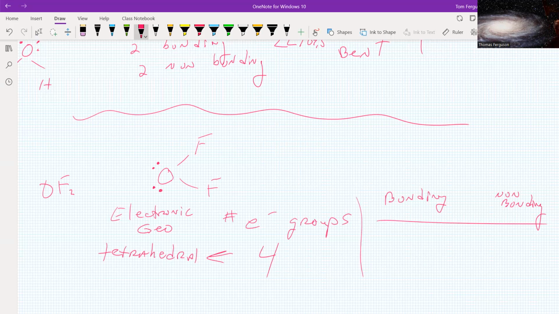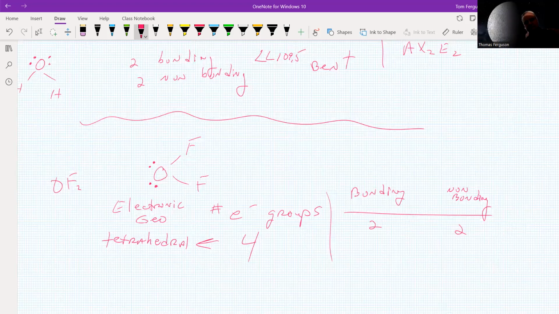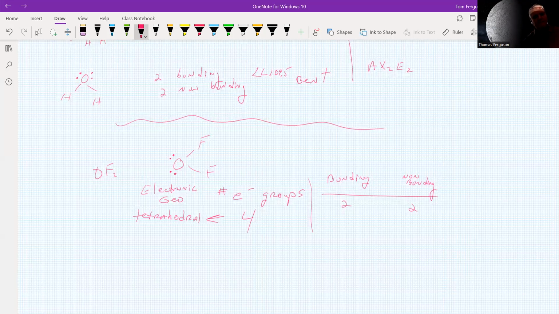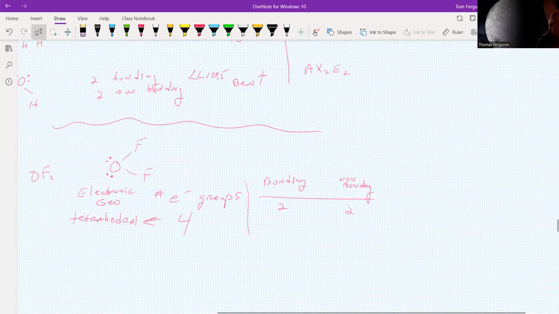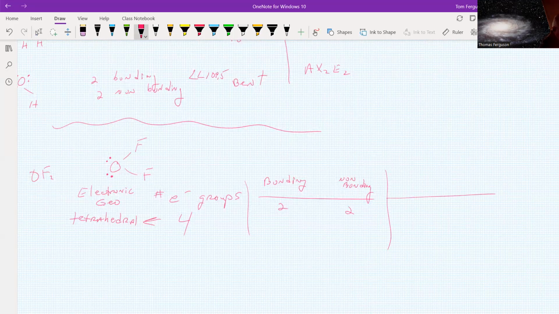Okay, how many bonding, how many non-bonding? 2, 2. Okay, the OF and the OF are bonding. The 2 electron pairs are non-bonding, so it's 2, 2. So the molecular geometry is going to be bent.